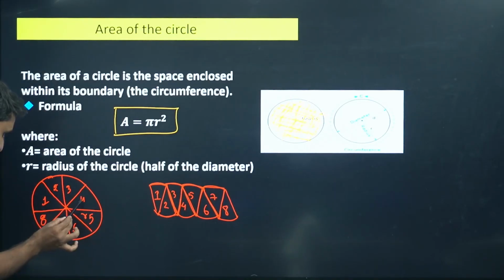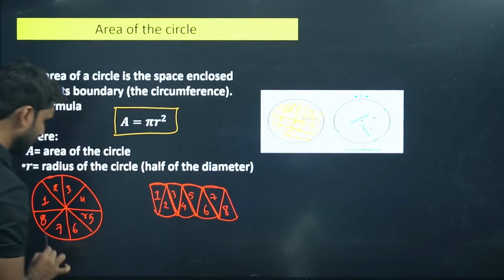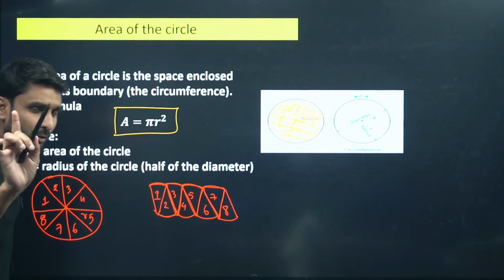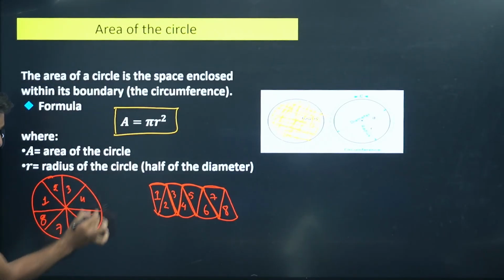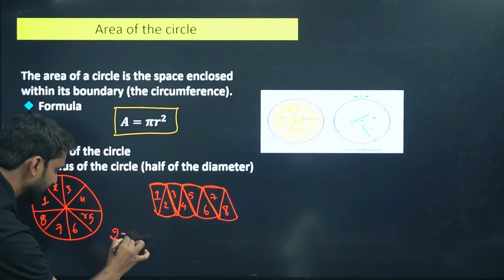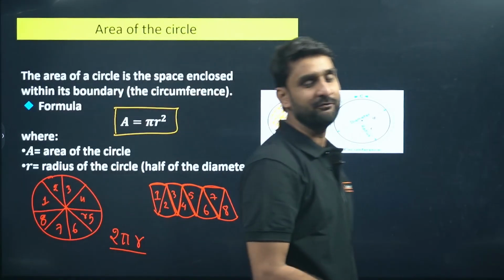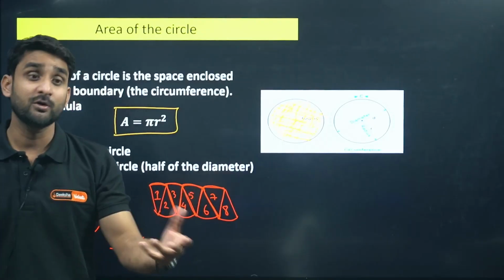Means the upper 4 slices are in this form, and the lower 4 slices are arranged in this form. Please tell me one thing, what is the total circumference of the circle? The circumference of the circle is equal to 2 pi r. We discussed this a few minutes ago. The circumference of any circle is equal to 2 pi r. And what is called circumference?